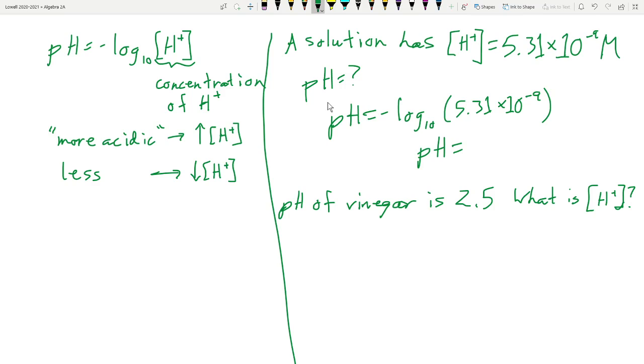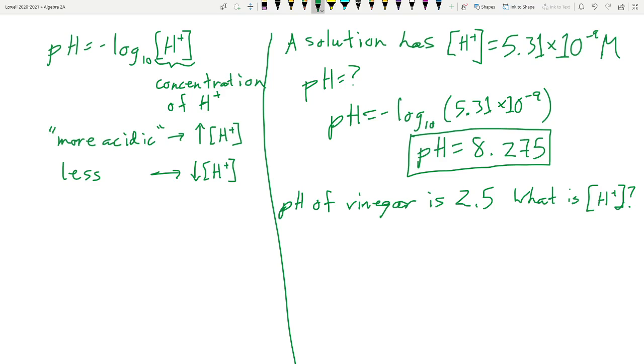So I will do that, and we will get, let's see, log of 5.31 times 10 to the negative 9 is equal to that. And I get 8.27. Actually, I believe this should be 5, I believe it would be proper: 8.275.